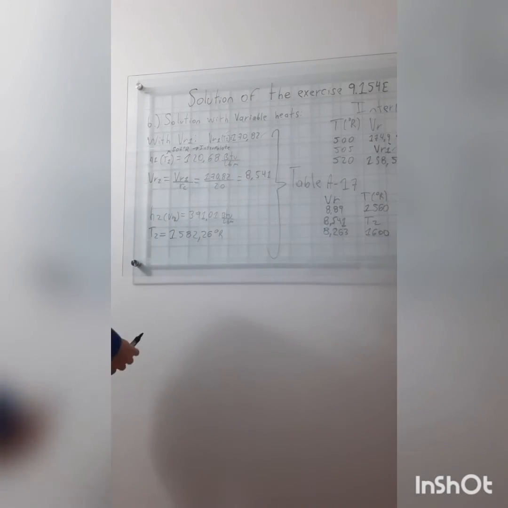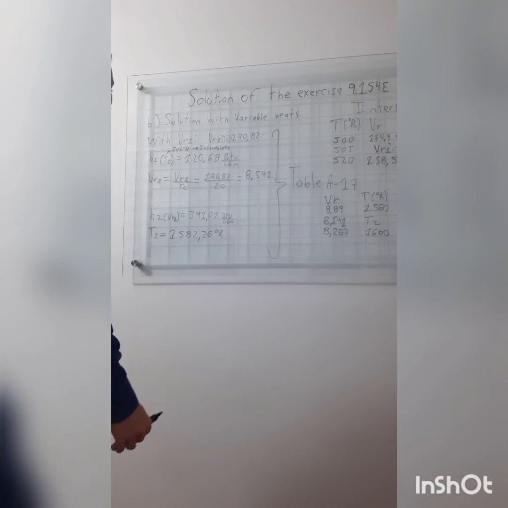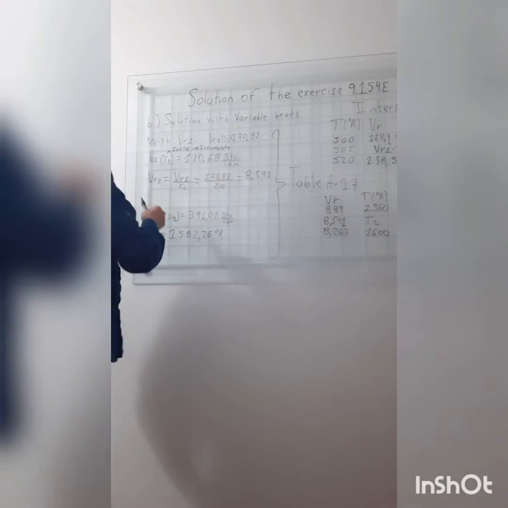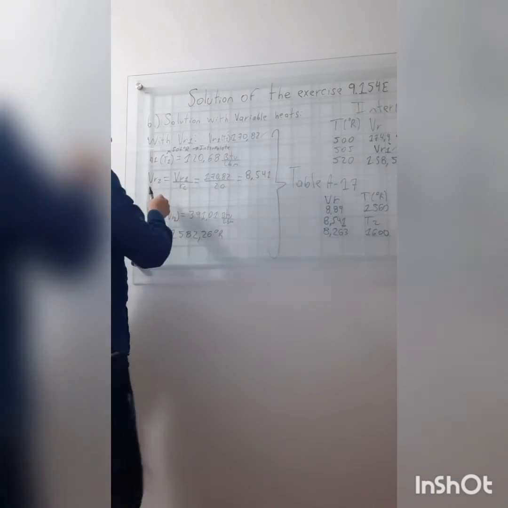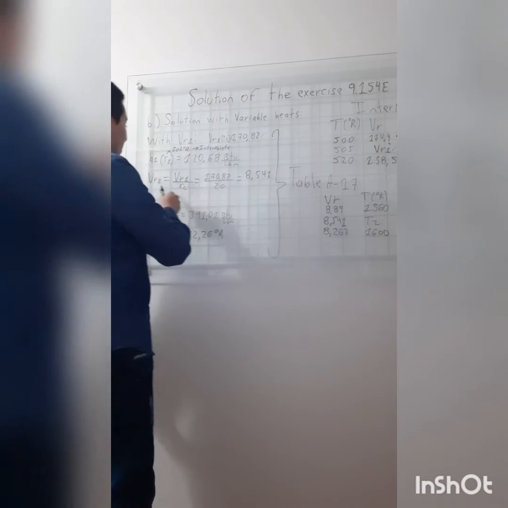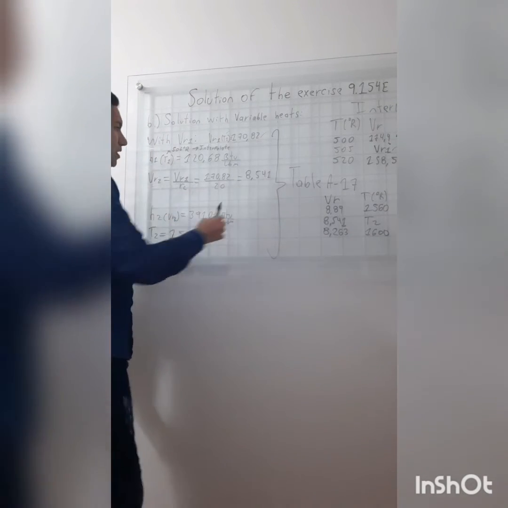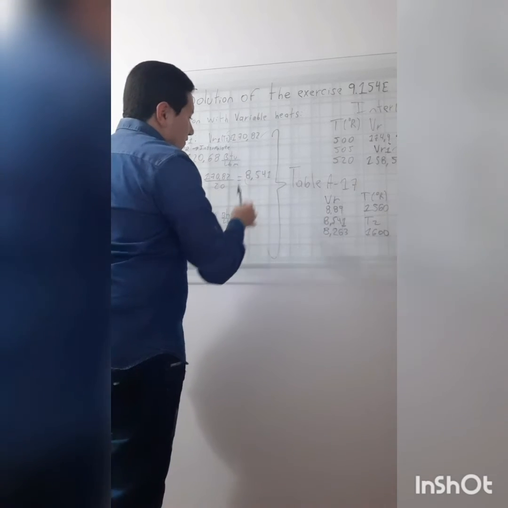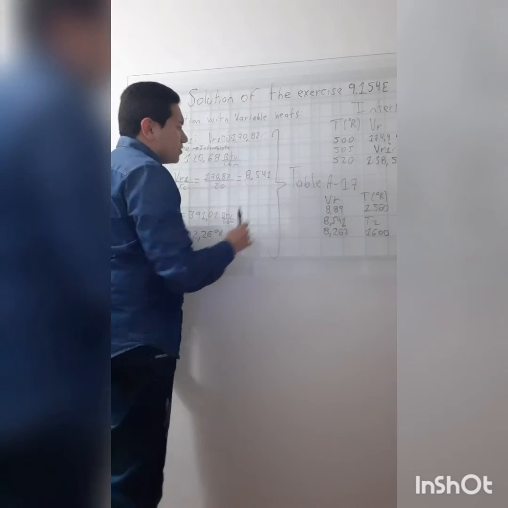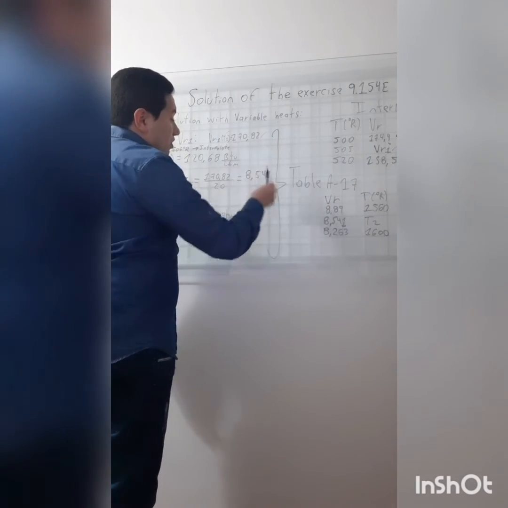And with this value, we can calculate the reduced volume 2, that is 8.541.